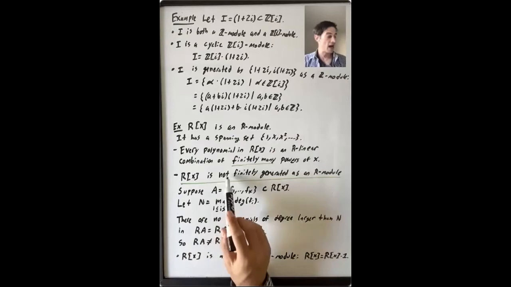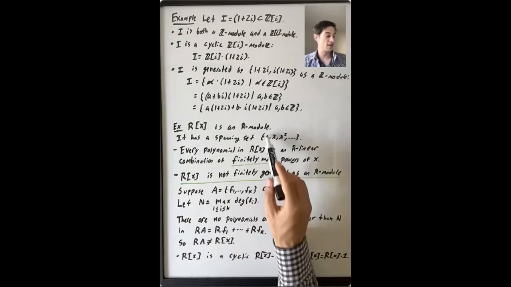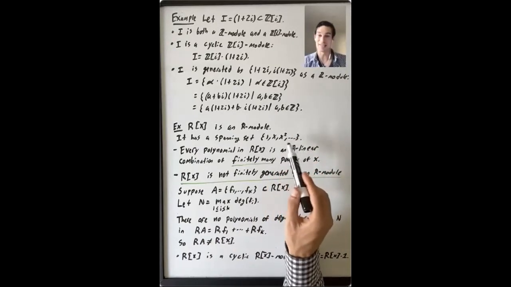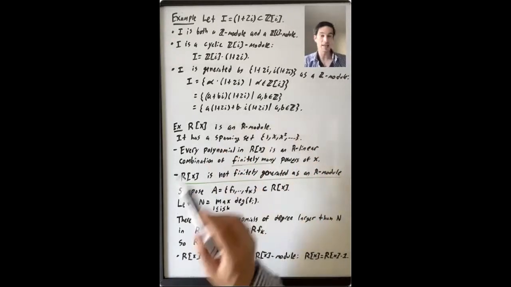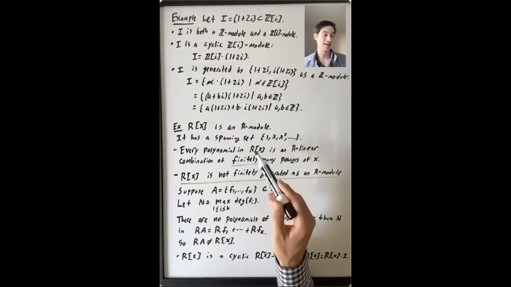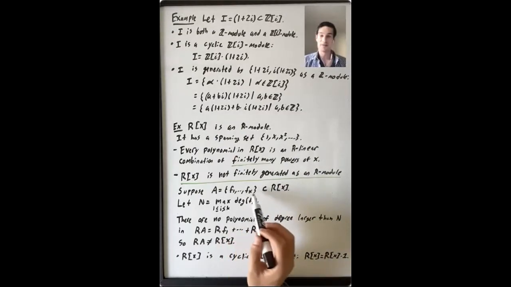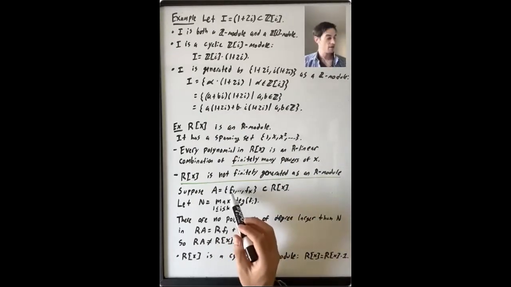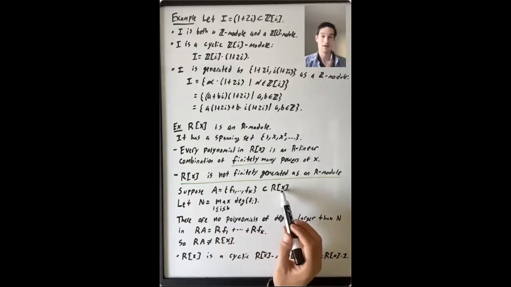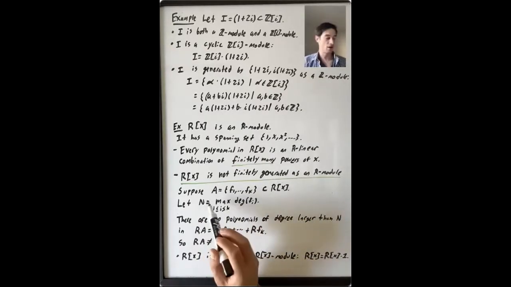R adjoin X is not finitely generated as an R module. Let me first say it's not enough to show that this spanning set doesn't have a finite subset that spans R adjoin X. You really have to show that there's no finite subset of R adjoin X that spans R adjoin X as an R module. Well, suppose we did have such a finite spanning set. Suppose we just had finitely many elements, f1 up through fk in R bracket X. Let's take the maximum degree and call that n.